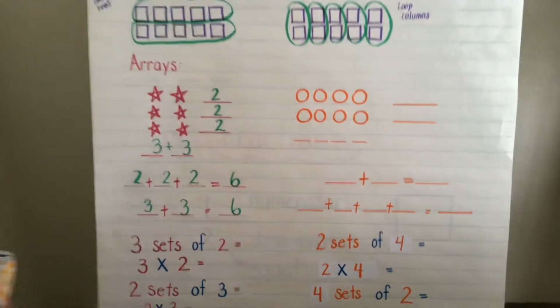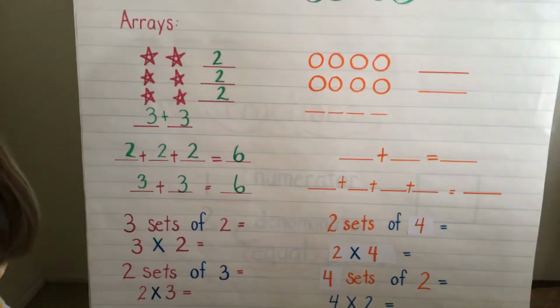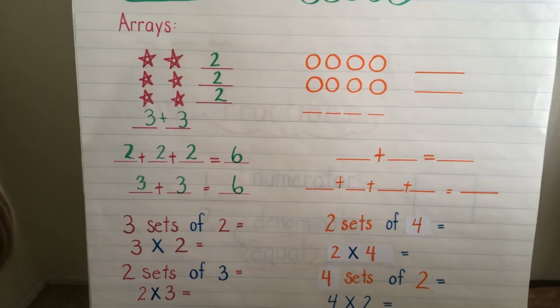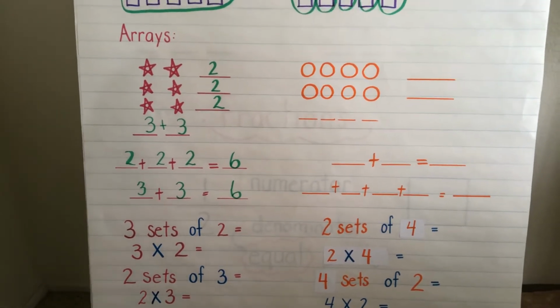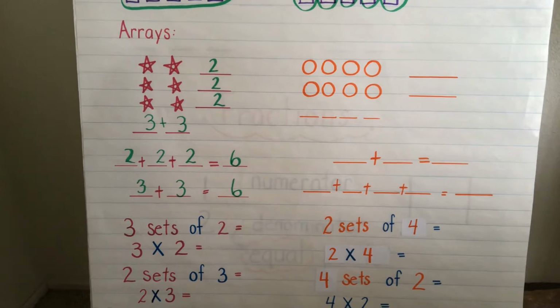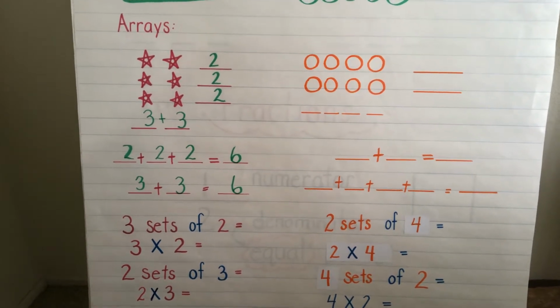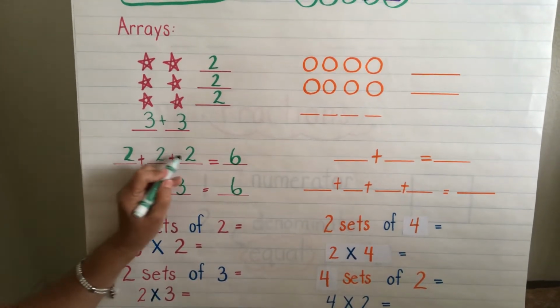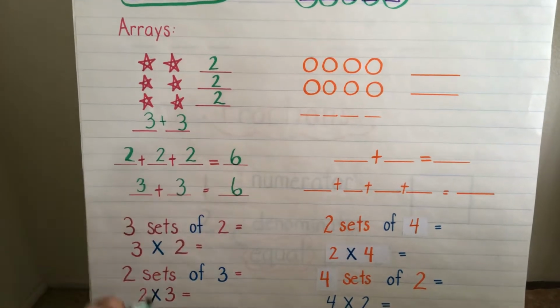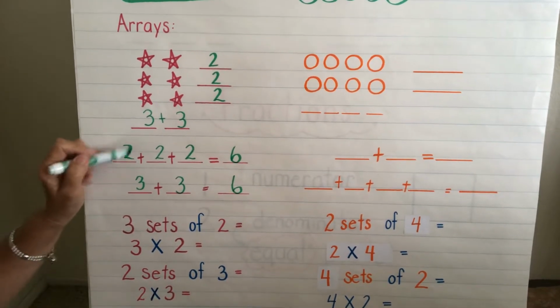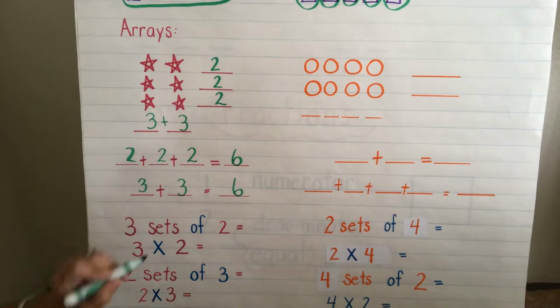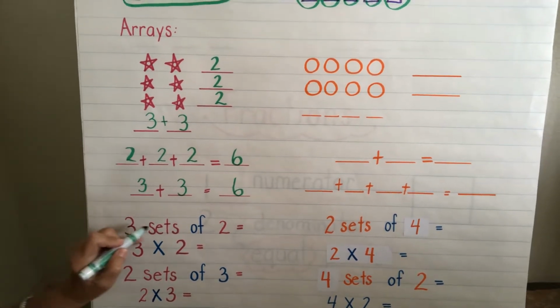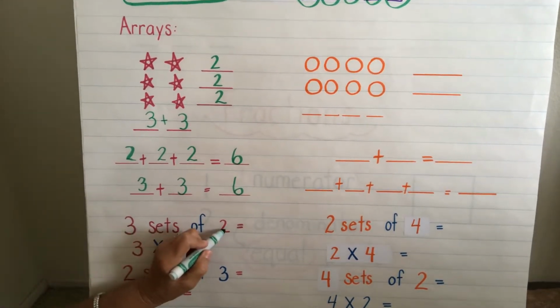Now, I want to tell you that this leads us right into multiplication, because all multiplication is repeated addition. So here I've got 2 plus 2 plus 2 equals 6. I have 3 sets of 2. I wrote that right here. 3 sets of 2.